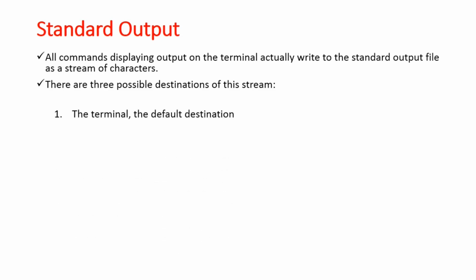The first one is the terminal, that is the default destination. An example here: word count and the file name sample.txt, which displays the result for the file sample.txt on the terminal.